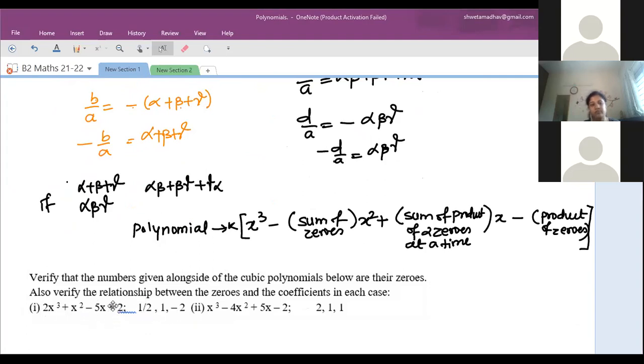Ma'am, is the 50th answer x cube minus 2x square minus 7x plus 14? One second. x cube minus 2x square minus 7x plus 14. Yes, right.